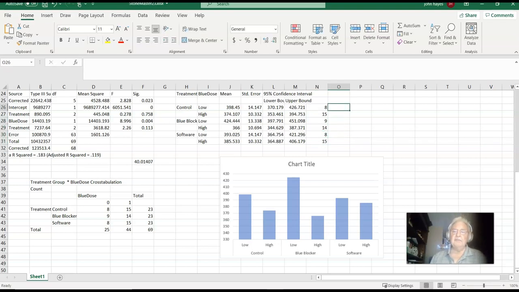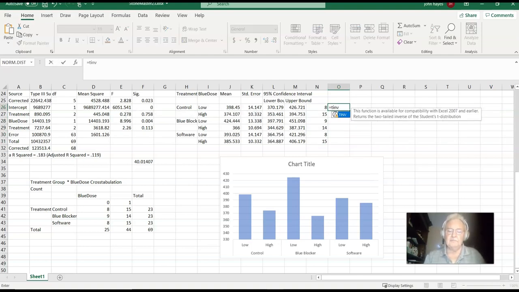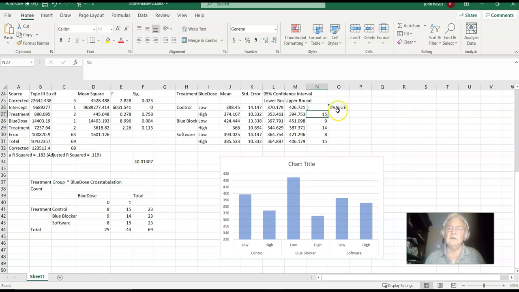So our T inverse is going to be equals T inverse 0.16. Degrees of freedom are n minus 1. Okay, oops. I get something here.